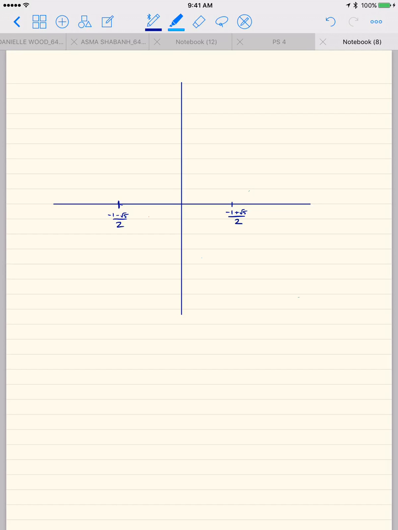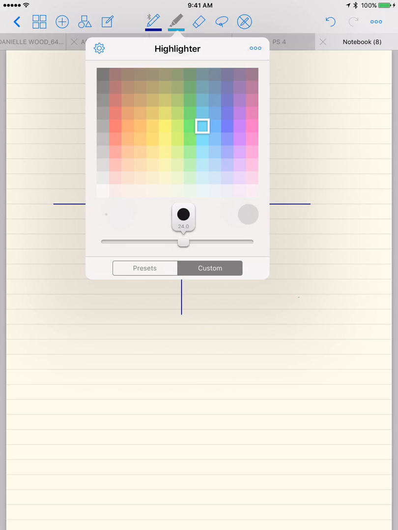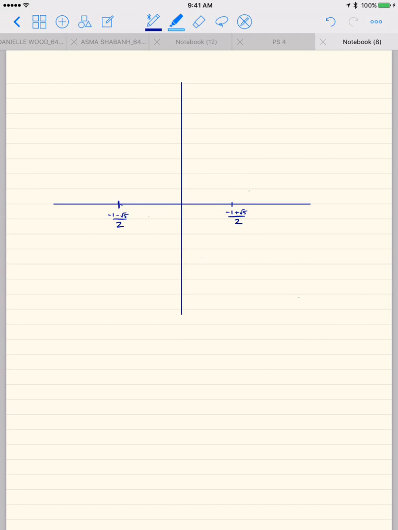I know that my function is positive over here, so the function has to be somewhere over here. The function is negative, so it's got to be down here, right in between.